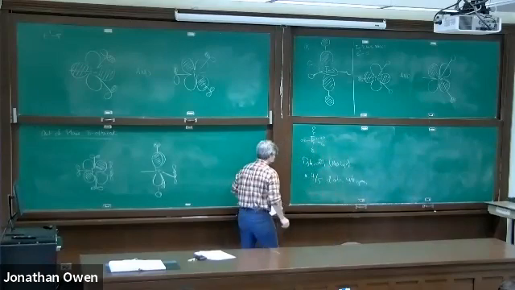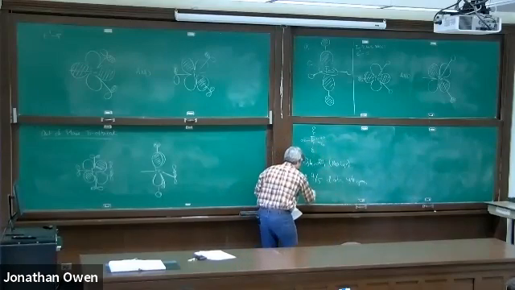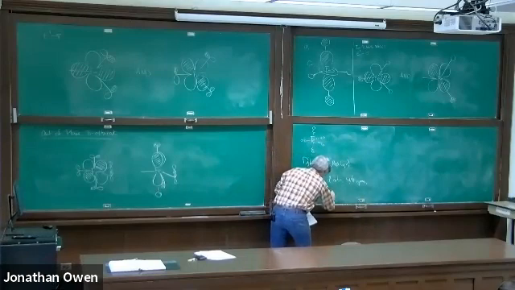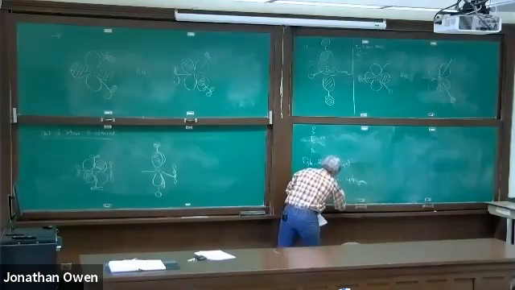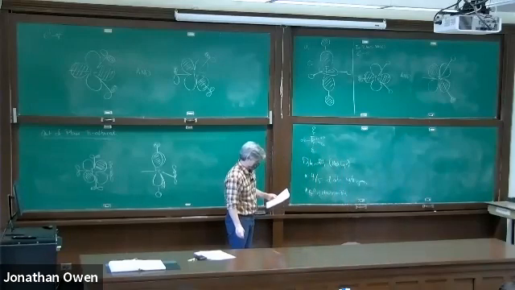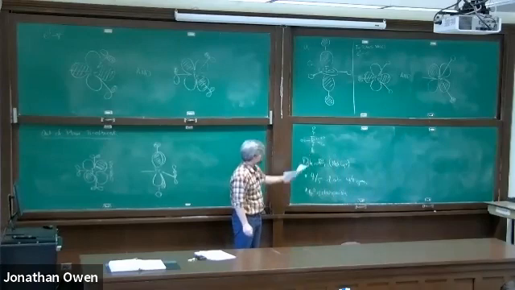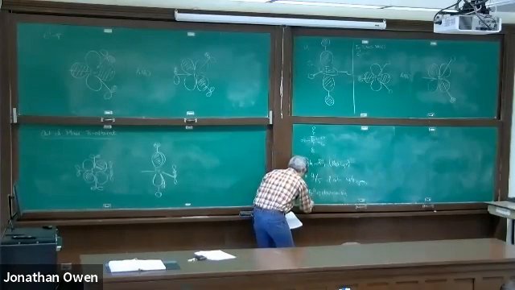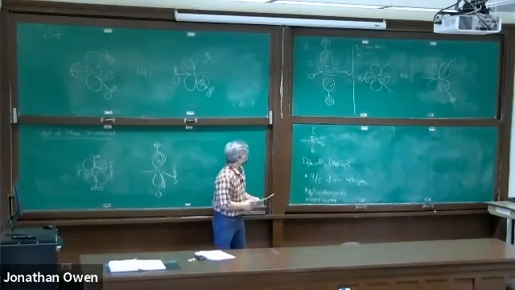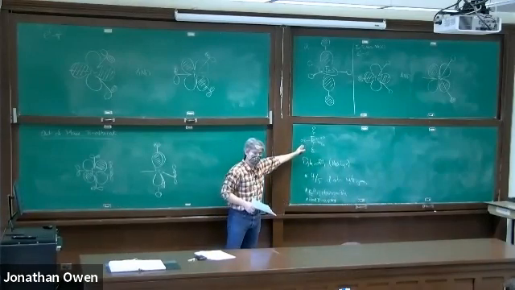Okay. Iron is electropositive. And you've got good pi acceptors. Okay. So iron pentacarbonyl likes this geometry.